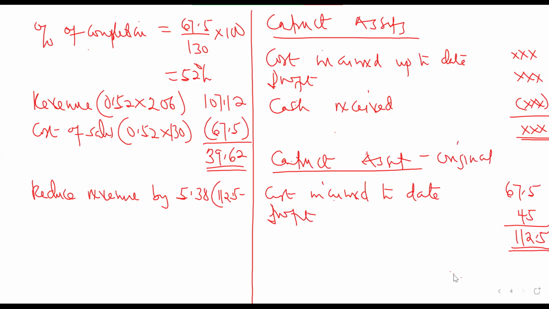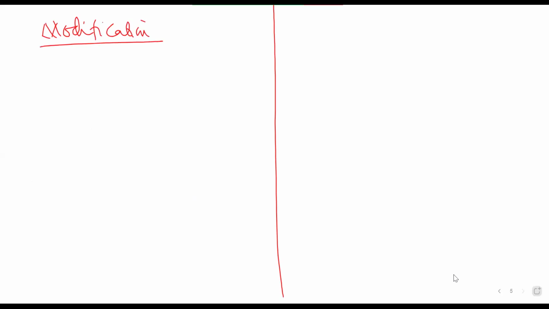Okay, let's come to the new contract, the new amount now. Under the modification, we need to find our new contract asset. That will be the cost incurred up to date, which will still be 67.5, but our profit on the contract now will be 39.62.